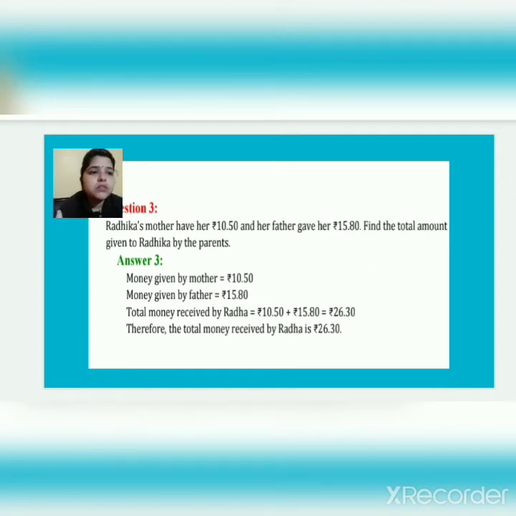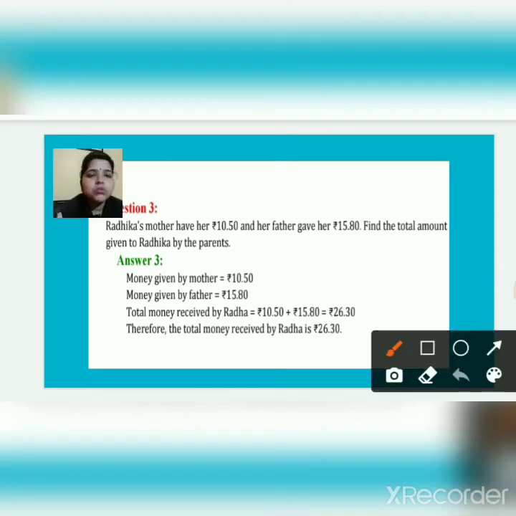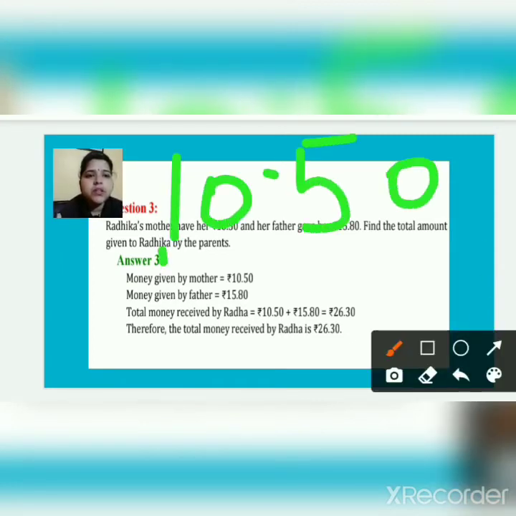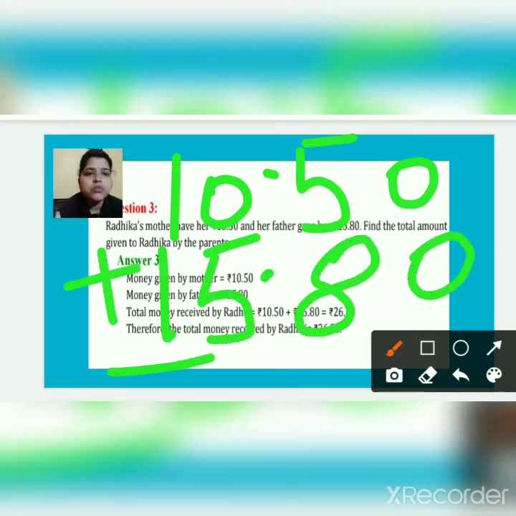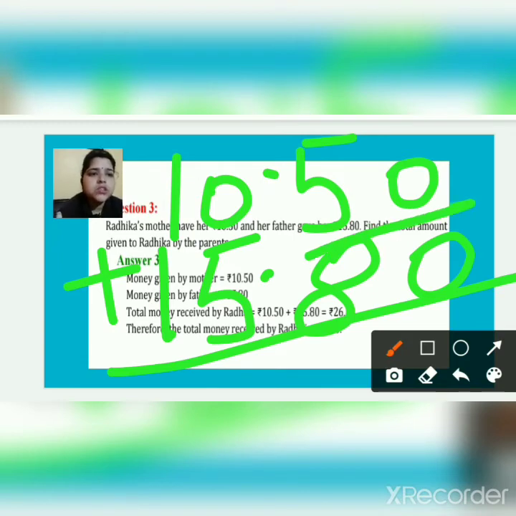See, the calculation is very easy. What you have to do is write 10.50, and below it 15.80, and it is very easy to calculate. Both are having 2 digits after the decimal point, so it is easy to calculate.